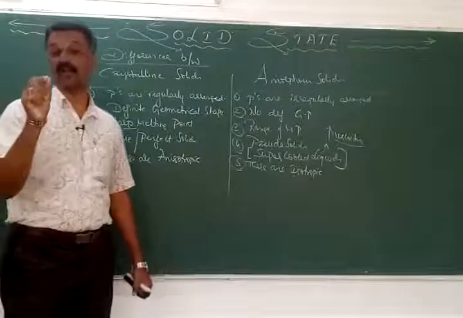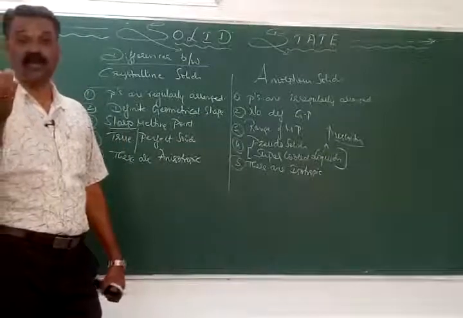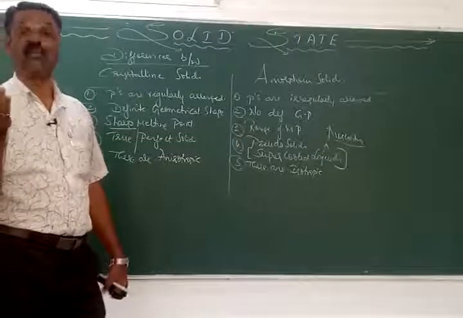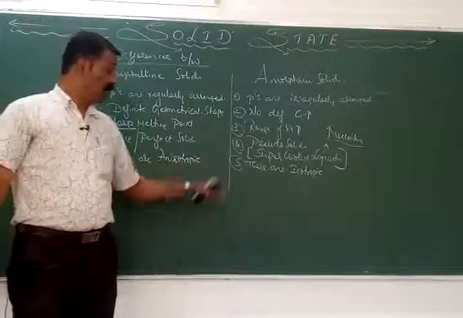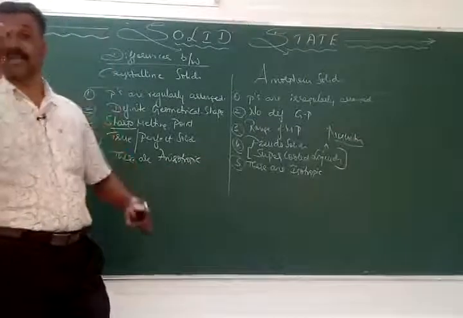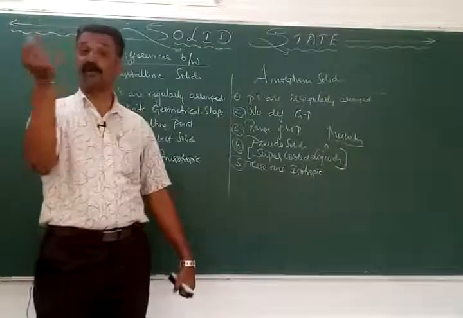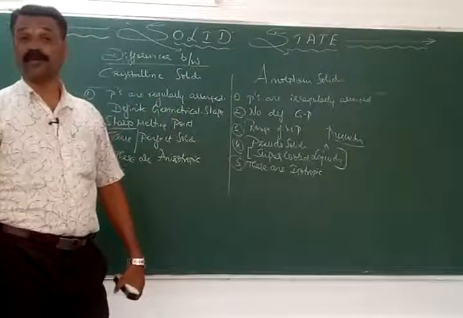Usually these are electrical properties, or maybe the mechanical strength, or the refractive index, whatever it may be. If they are found to be the same in all directions, that is, if I measure the electrical property or mechanical strength in all possible directions and it is the same, then it is considered amorphous in nature.